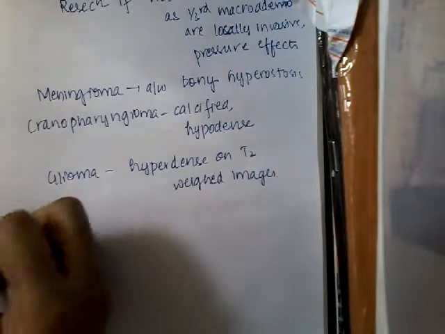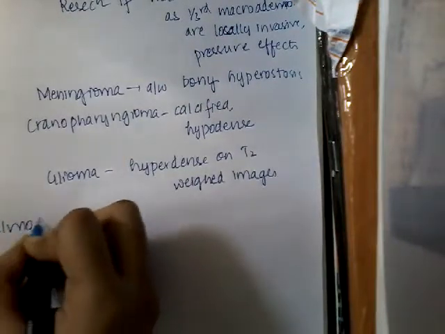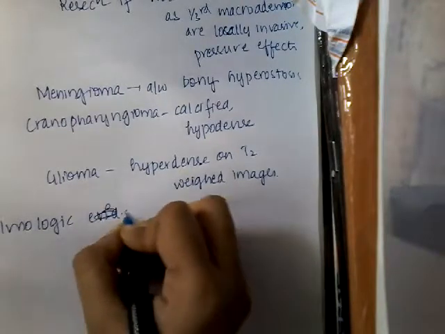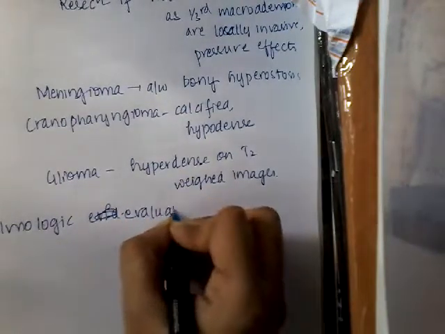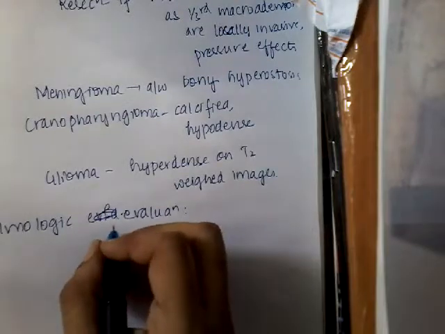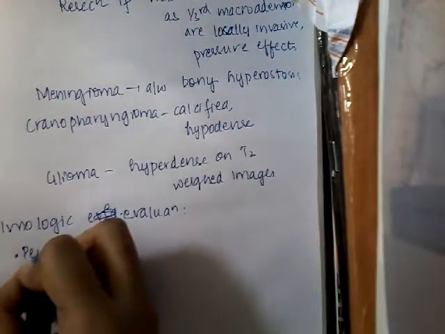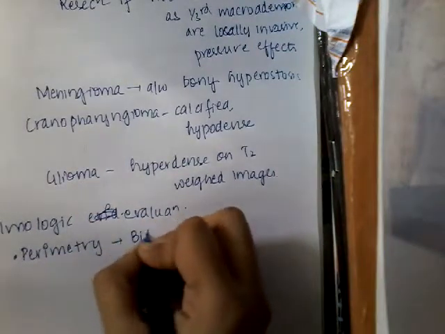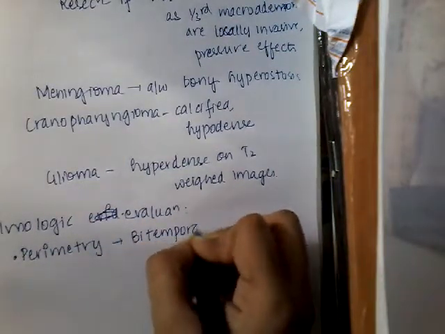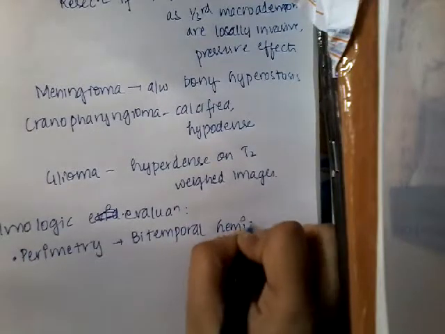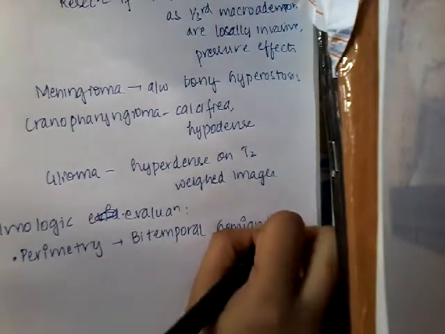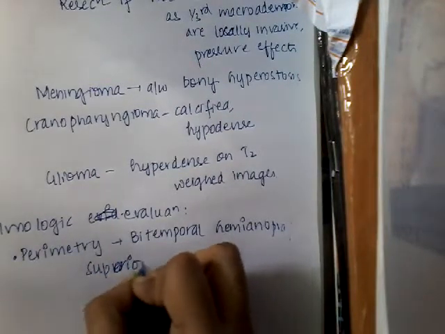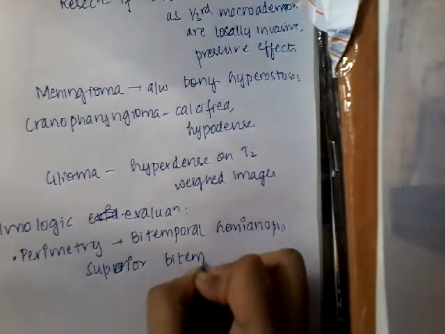Then ophthalmologic evaluation, you have to even do eye examination. Why? Because you have seen that optic chiasma is being compressed by this. So you will have to use perimetry. On perimetry you can see bitemporal hemianopia, or sometimes you can also see superior bitemporal defects.